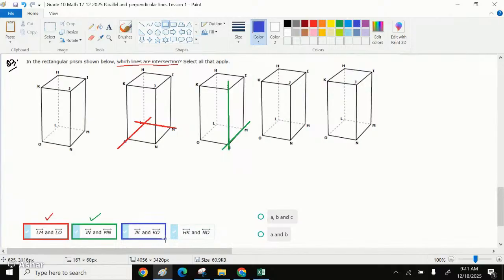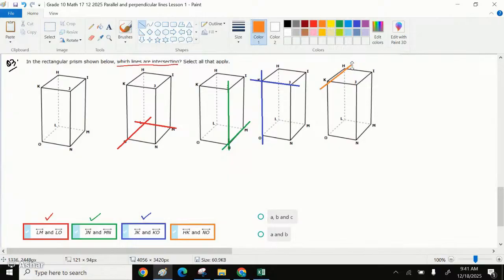JK and KO. Where is JK? JK and KO. Great. And for the last one, we say HK and NO. So where is HK?